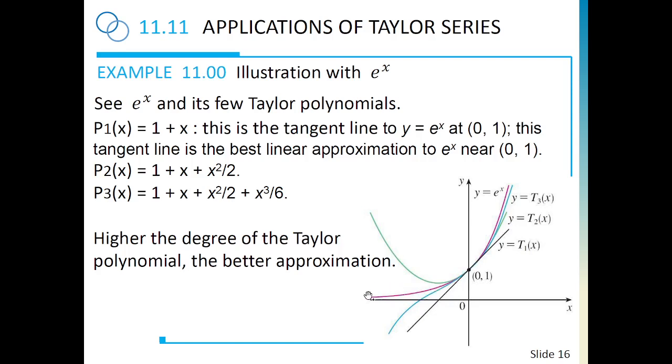Obviously, let's say for the polynomial of degree 3, we see that if we move away from the center of the series here, 0, the quality of approximation deteriorates. It's not as good as when we are close to 0.